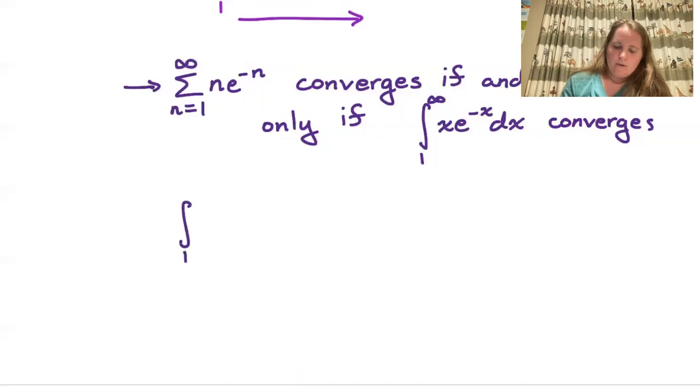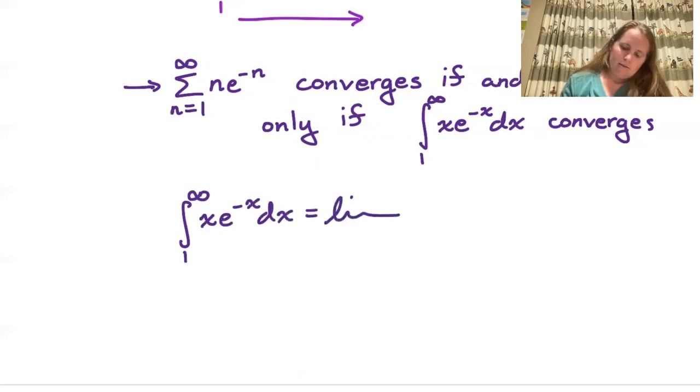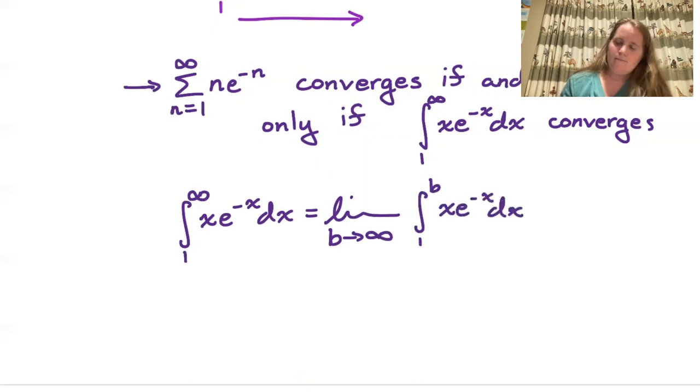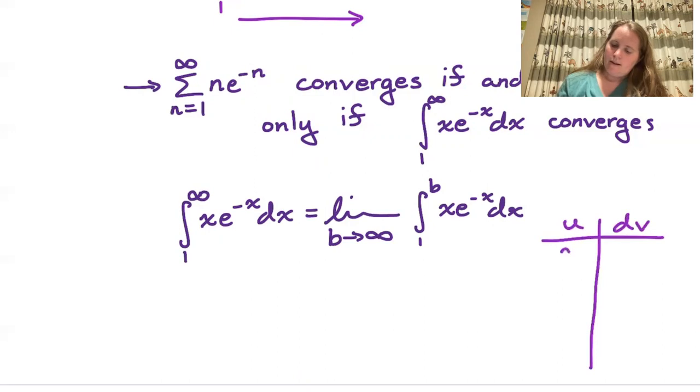So the integral from 1 to infinity of x e to the negative x dx would be the limit as b goes to infinity of the integral from 1 to b of x e to the negative x dx. If we do our integration by parts down the side, take x as our u, that will go to 1 and then 0.